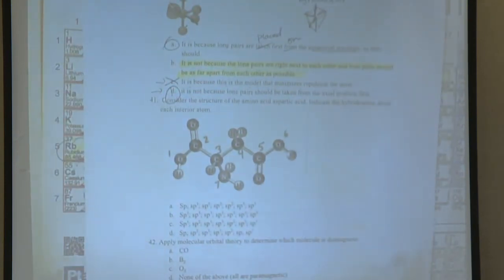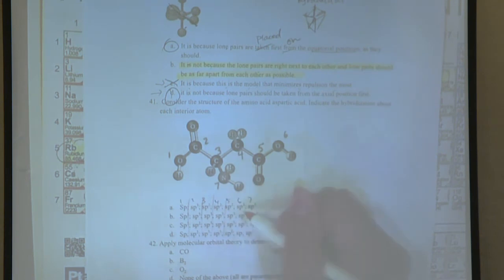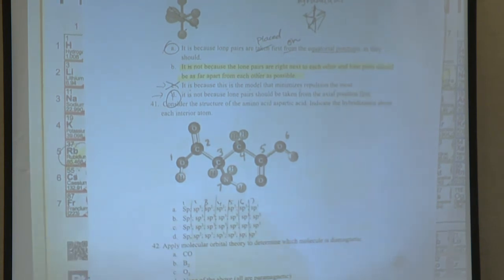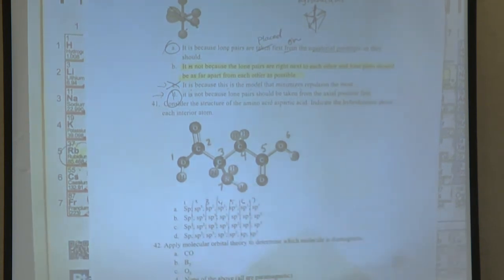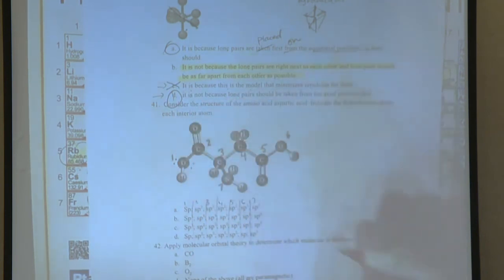Consider the structure of the amino acid aspartic acid. Indicate the hybridization about each interior atom. So this is like this, right? What's important to note here is that they will not show you lone pairs, so you have to draw them in, right?